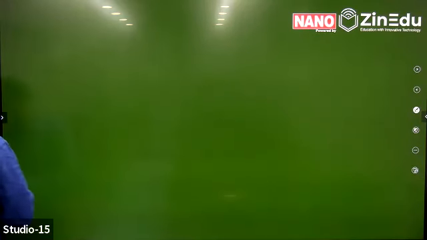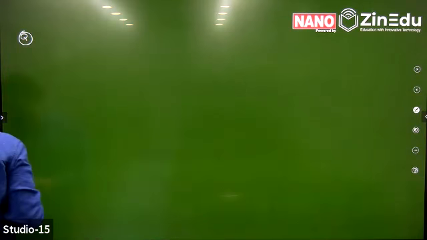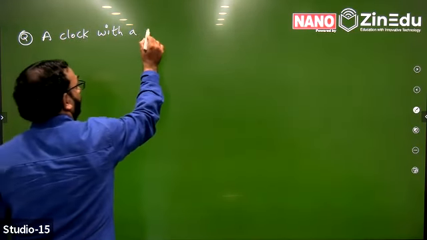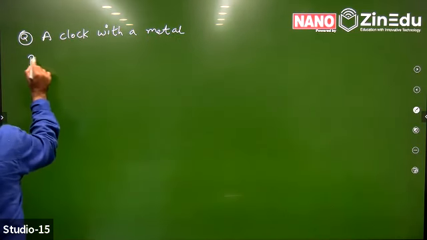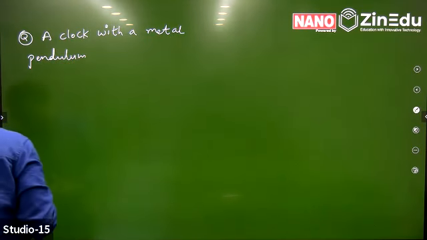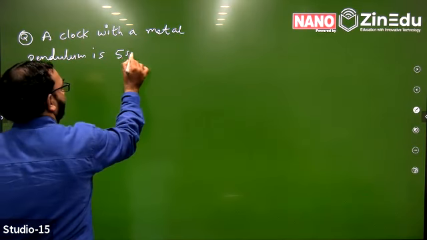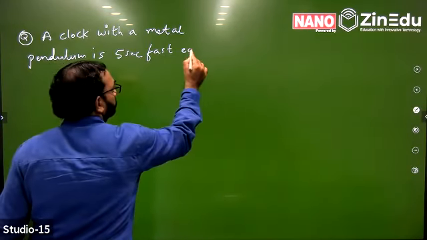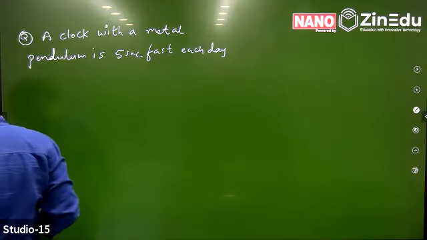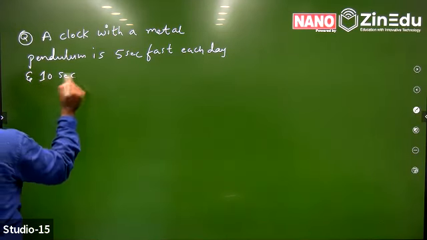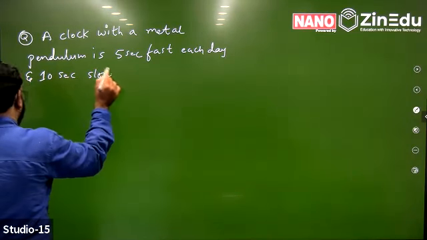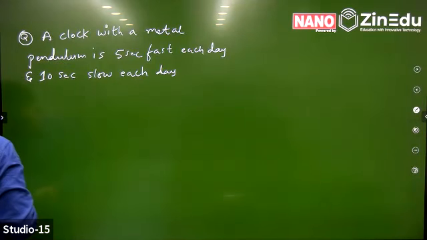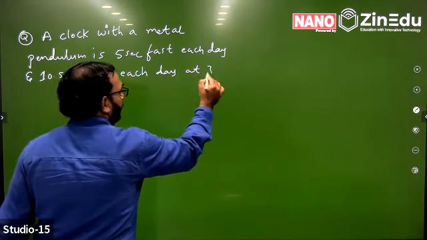Question: a clock with a metal pendulum is 5 seconds fast each day, and 10 seconds slow each day, at 30 degrees Celsius.